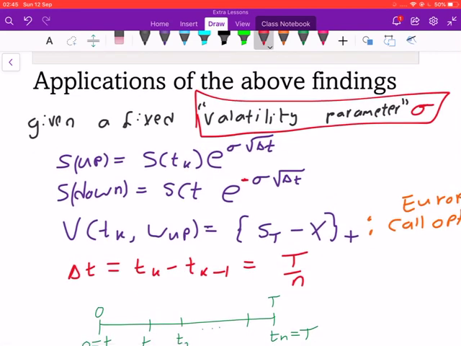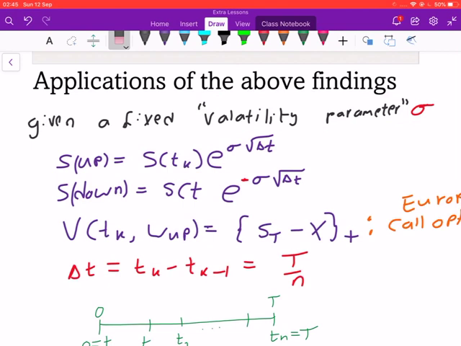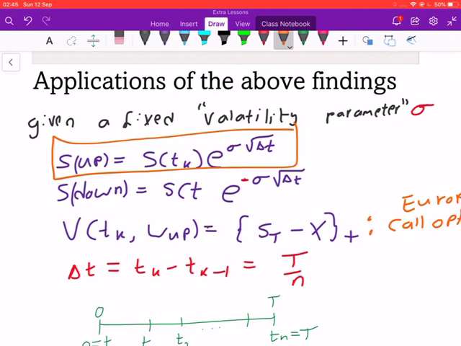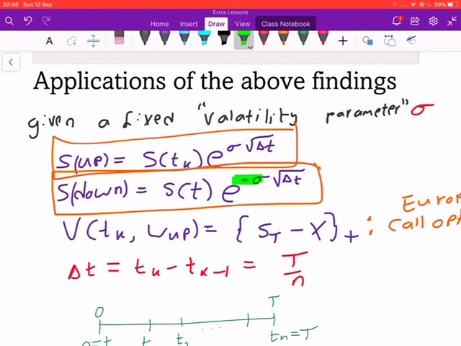The price of the share in an upstate of the binomial model is going to be like this, and the value of the share in the downstate is going to have this equation. Keep in mind that there is a negative sigma for the downstate, and the upstate is just a positive sigma.